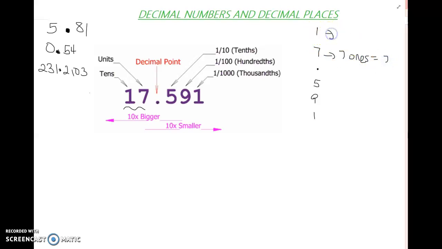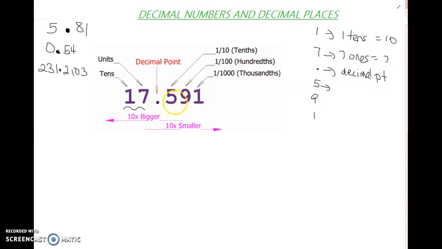And the 1 represents the tens, so 1 ten, which is 10. Now let's look, and then here we have the decimal point.